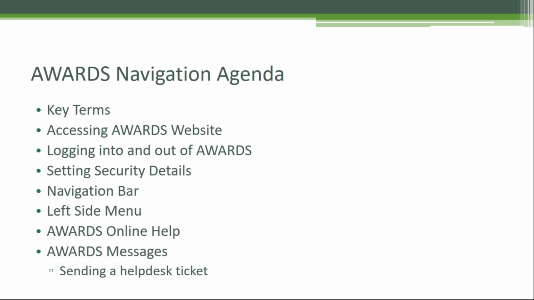We're going to go over how to access the awards website, logging into and out of awards, how to record your security details. We're then going to review the navigation bar, the left side menu, awards online help, awards messages, and how to complete and send a help desk ticket.